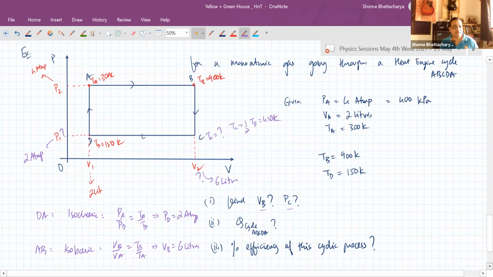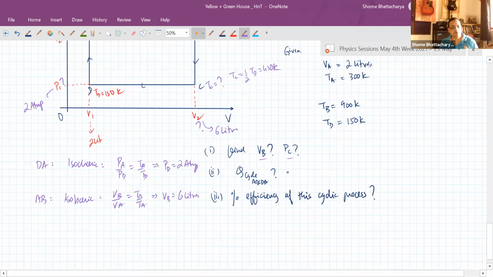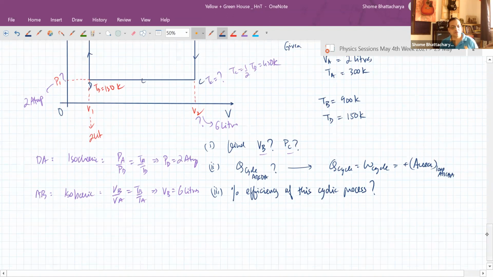Now, Q for the cycle is very simple over here. Q for the cycle will be equal to W for the cycle, which will be positive of the area of loop ABCDA. So that is just the area of this rectangle. It's as simple as that actually.